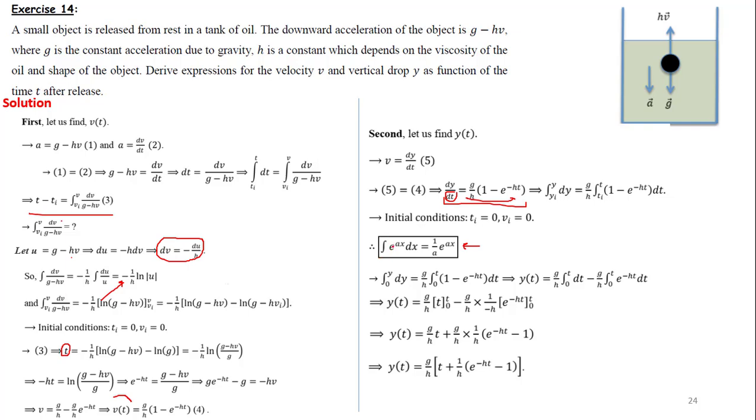The integral of e to the ax dx is equal to 1 over a times e to the ax. Simply apply this rule to find the integral of 1 minus e to the minus ht dt, and you will finally obtain y as a function of time t. Okay, this is an exercise. Here you can find all the details of calculation.